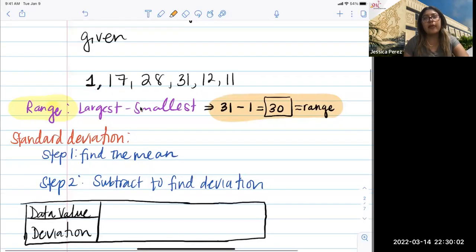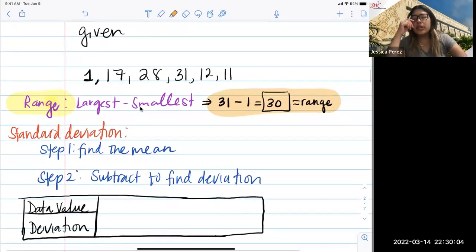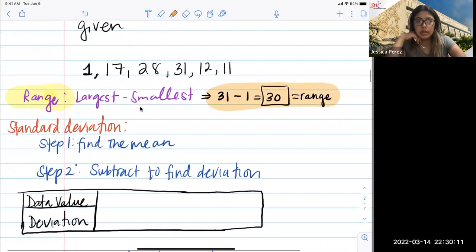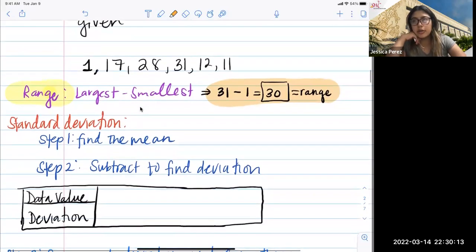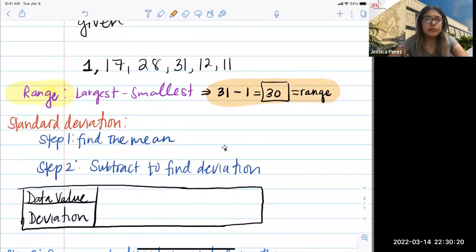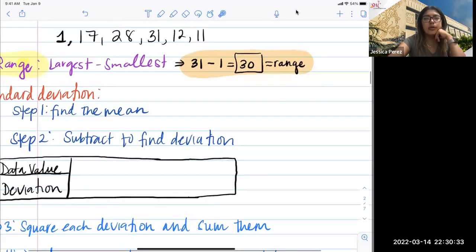Okay. Now, finding standard deviation is a little bit more complicated and kind of lengthy. So I wrote in some steps that you can do. You should also be able to find these steps in your PowerPoint.